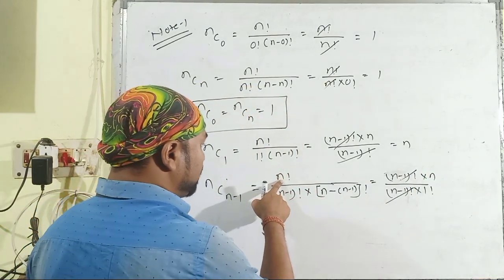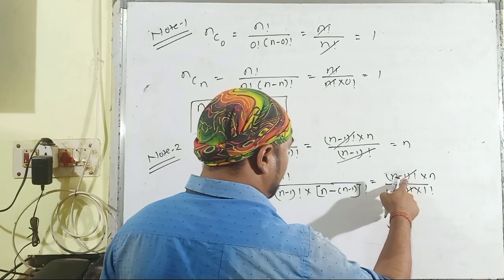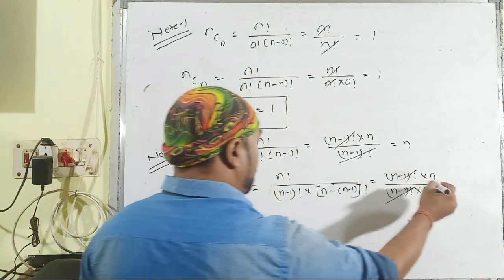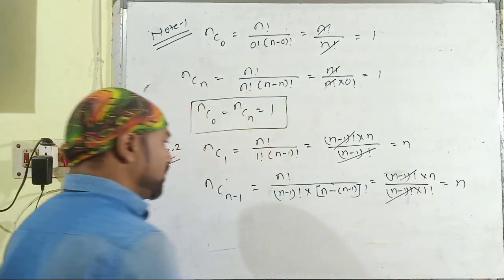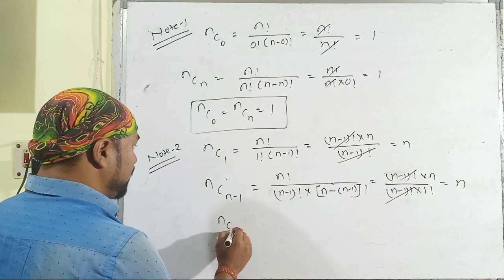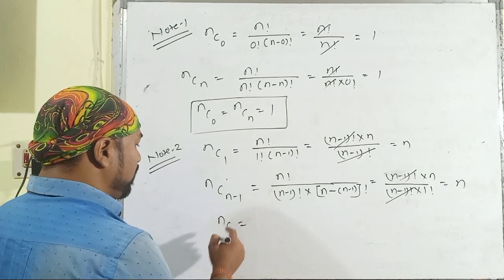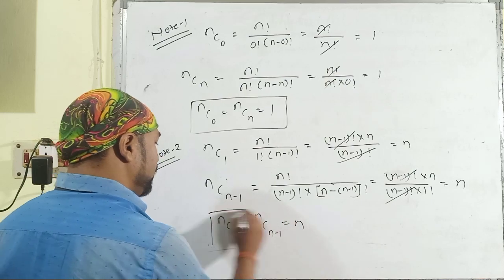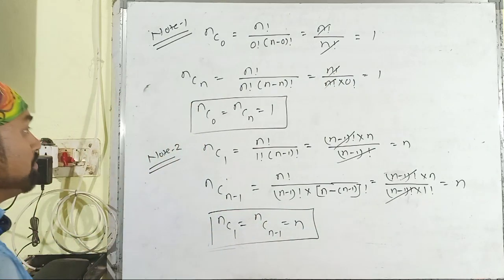Cancelling both of the common parts, we are getting here n as the result. So from note number 2, we are getting the value of nC1 is equal to nC(n minus 1) is equal to n. So just remember these things.